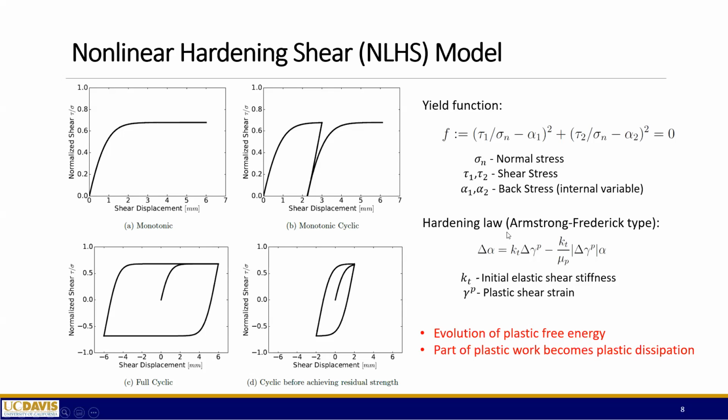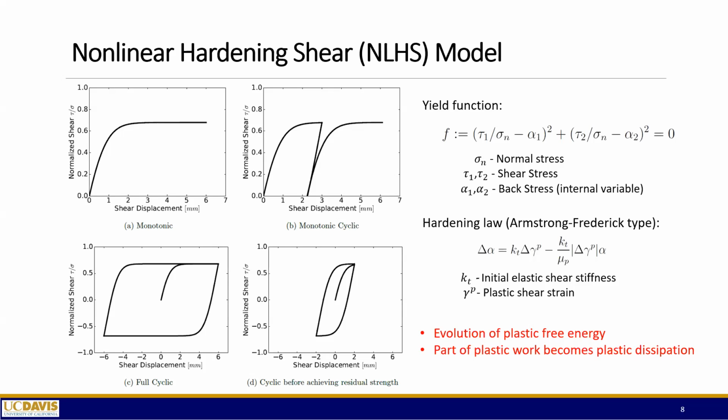Here we are using the Armstrong-Frederick type of kinematic hardening. If you remember in our previous lectures, we also used a very similar type of formulation for the inelastic solids. So later we will also see that the energy calculation for this type of material is very similar to those we have used for the inelastic solids, because the formulation of the model itself is very similar.